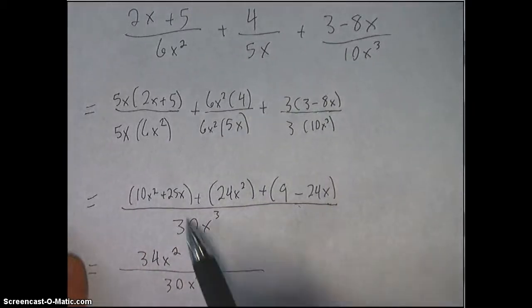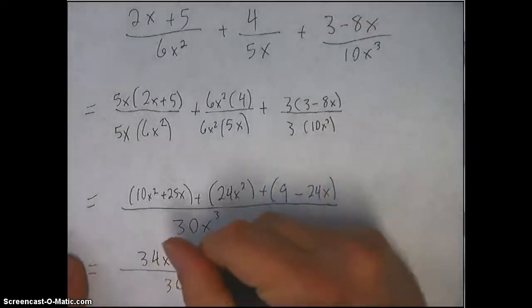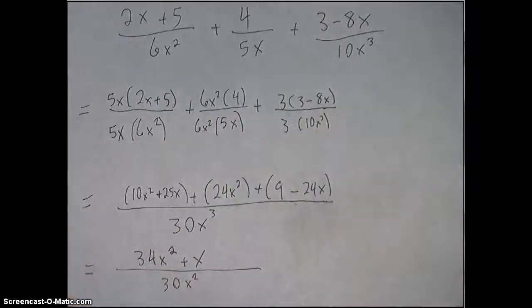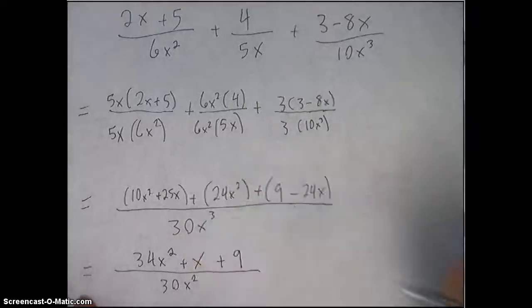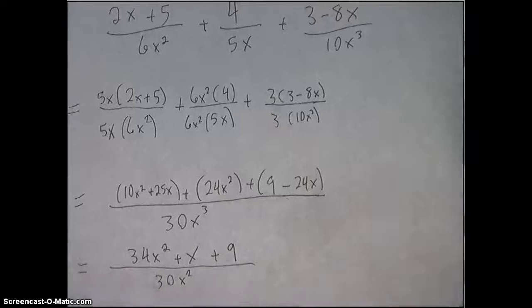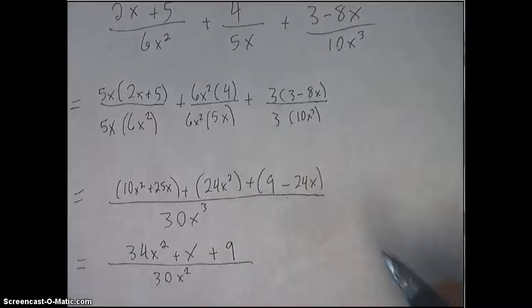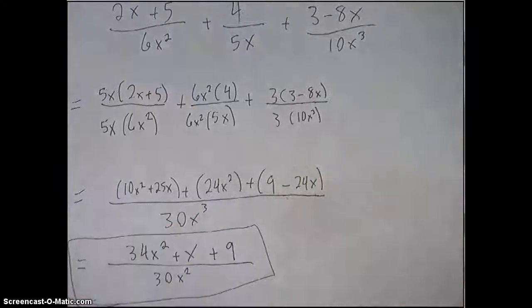And in terms of x's, I've got 25x's here, negative 24 here. So that's just going to be plus 1x. And in terms of constants, I've just got the positive 9. Now I'm looking at these numbers, this 34, the 1, the 9, the 30. There's no multiple that we can pull out of that. So at this point, I'd say we are done.